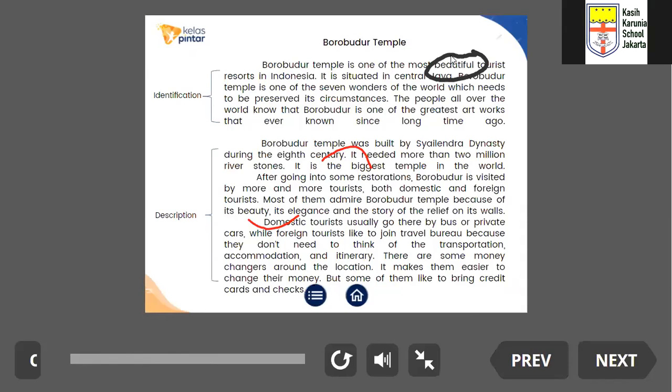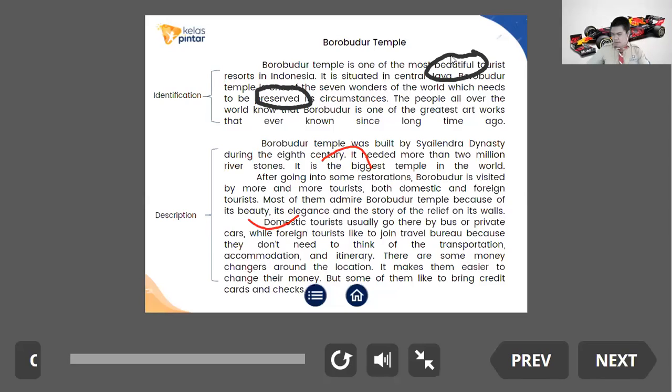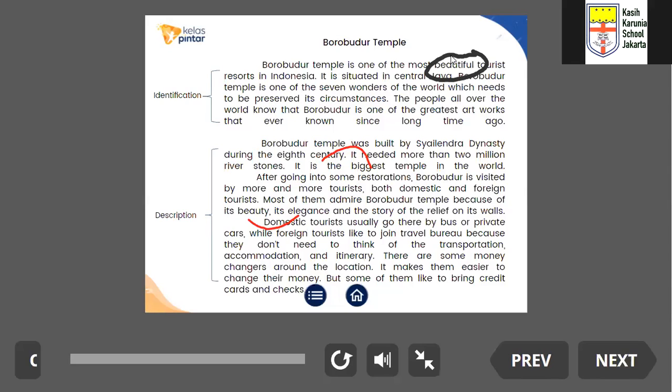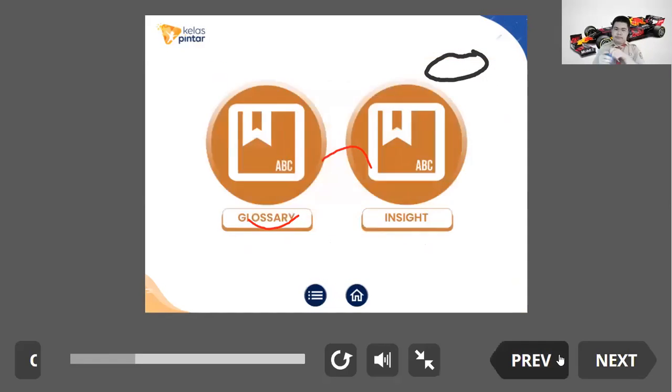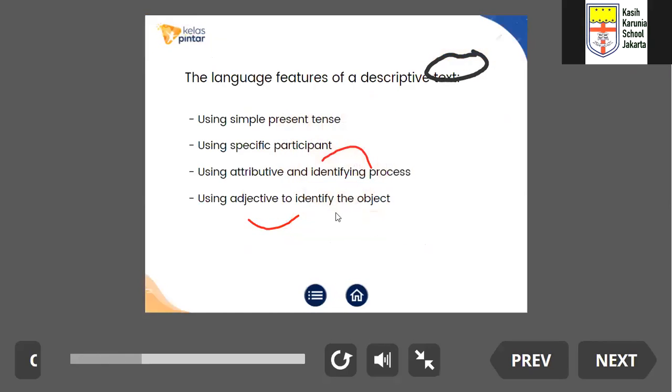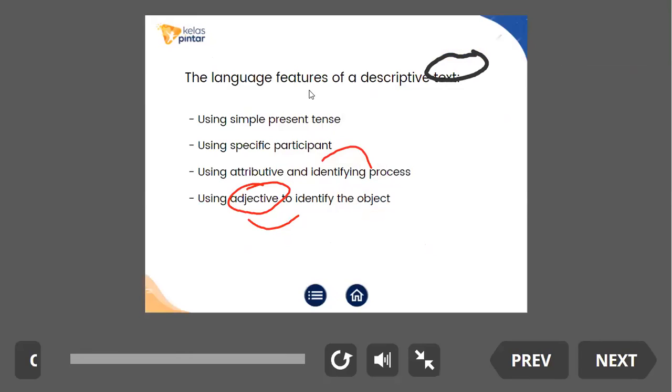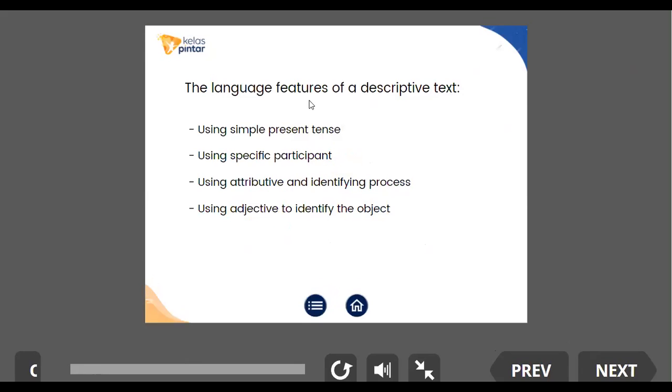Okay, Jason, beautiful, yeah. Situated. Which one? The adjective. Tadi kan poin yang terakhir. In descriptive text, it uses the adjective to identify the object. Jadi ada kata sifat yang menggambarkan sebuah objek.